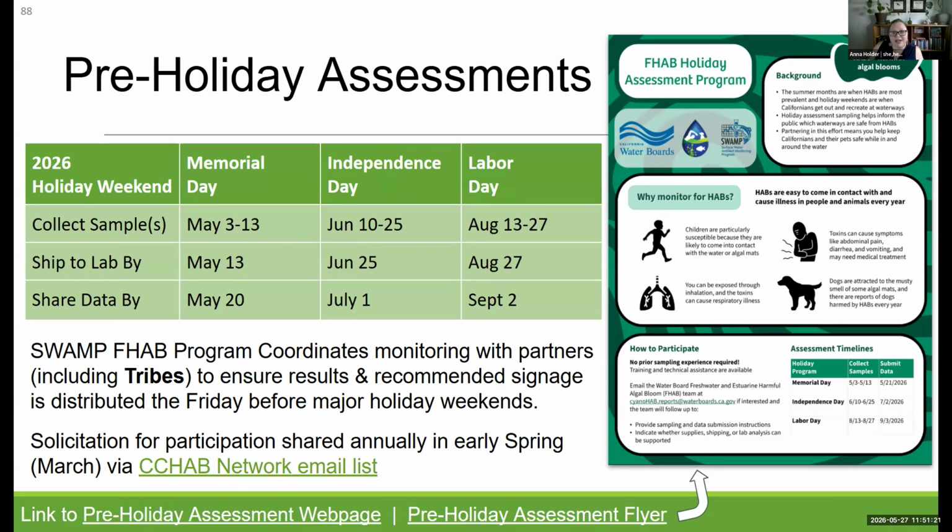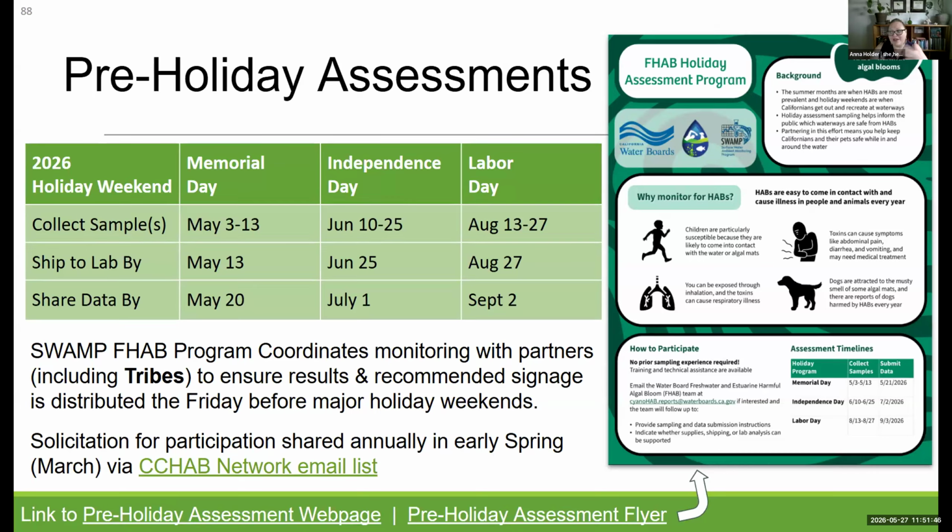Again, we have really focused monitoring around holiday weekends because of that increase in activity around water bodies. It's hot, so folks want to go to the river or the lake, whatever. As well as our year-round response. And so this is the list of our pre-holiday assessments this year.